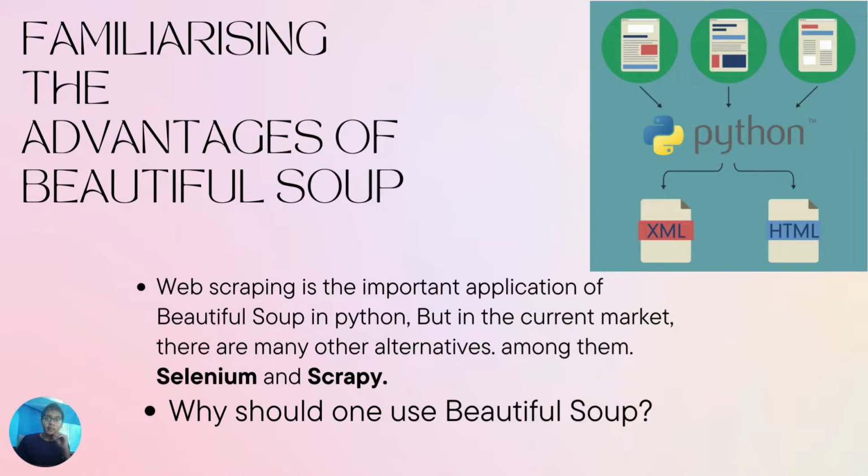Well, Selenium and Scrapy are advanced tools and also provide what Beautiful Soup provides. But there should be a distinction which makes Beautiful Soup more popular than other tools. In this slide, we are going to understand what those advantages are and how they make Beautiful Soup more popular.